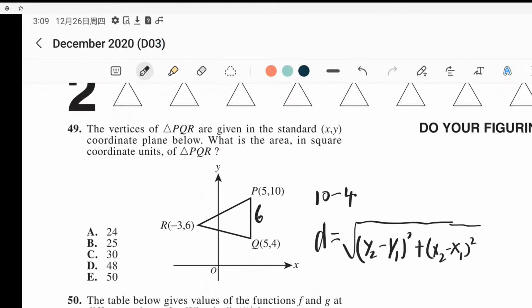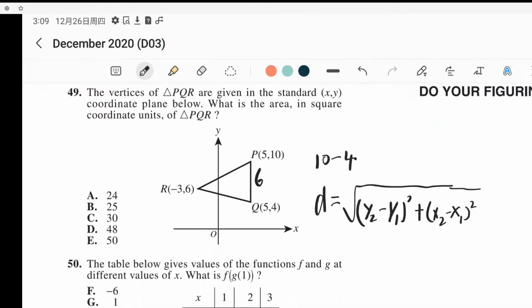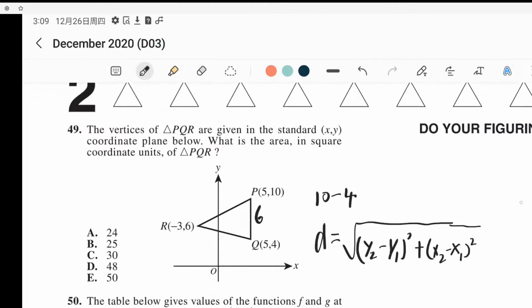So ultimately, what this distance formula is derived from is that we could see this line, for example, P and R. We could see this as P, 5, 10. This as R, -3 and 6.